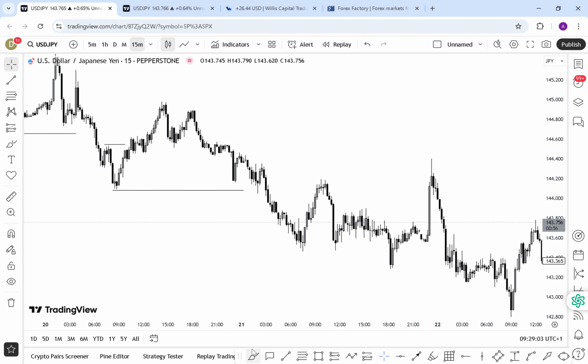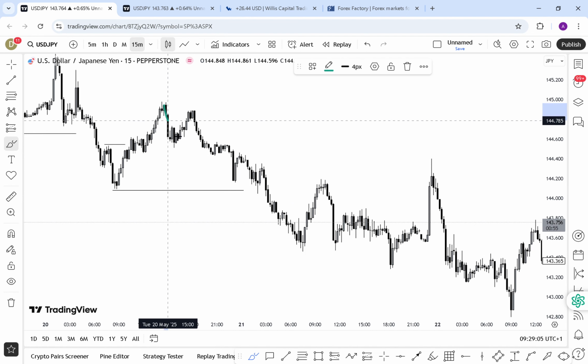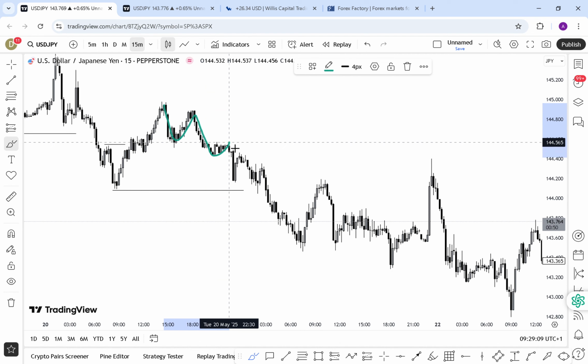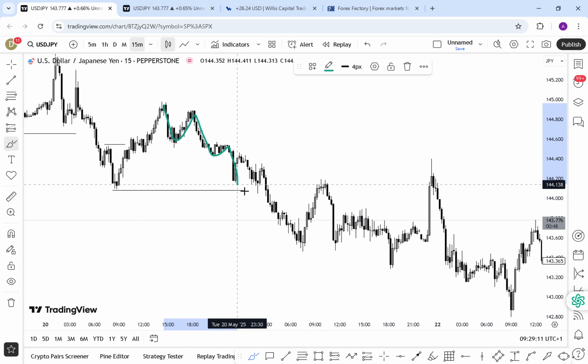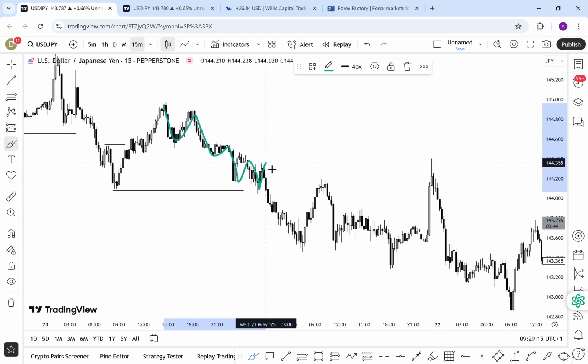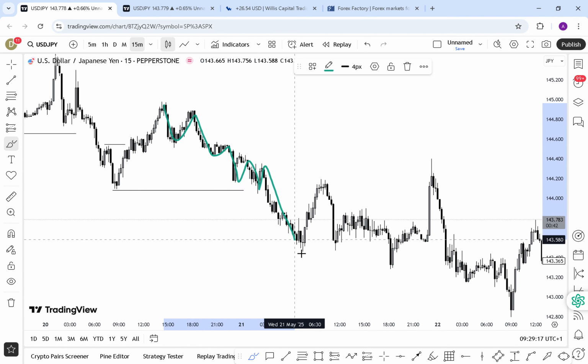We have another scenario like this, from this level to this one. You see small pullback here, you see small pullback, you see market sweep this level, create pullback and drop like this. So you can see what the market does is this.